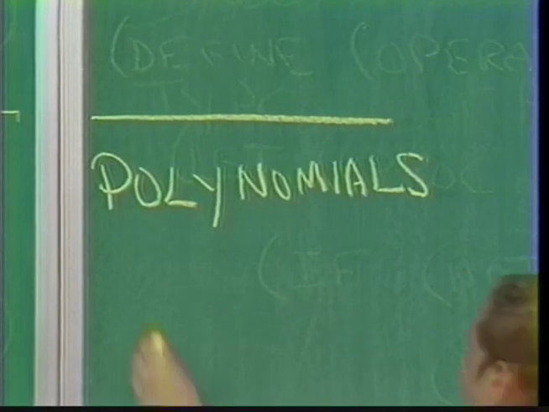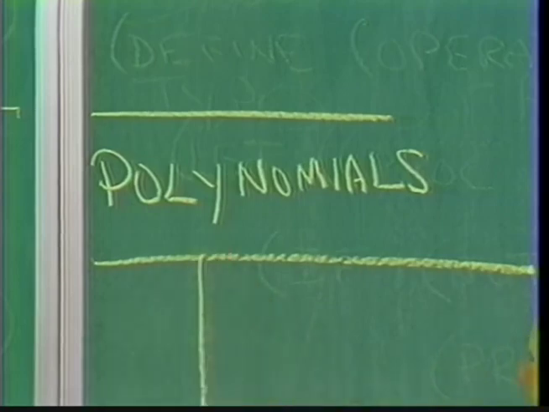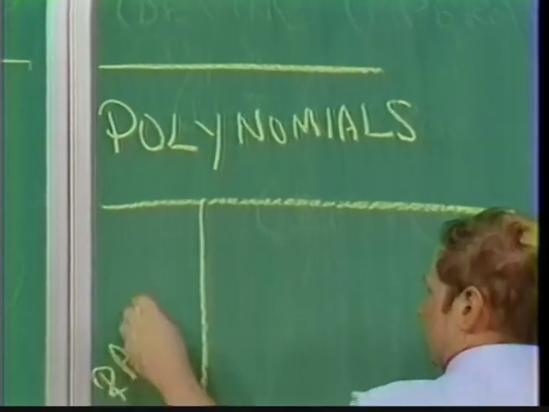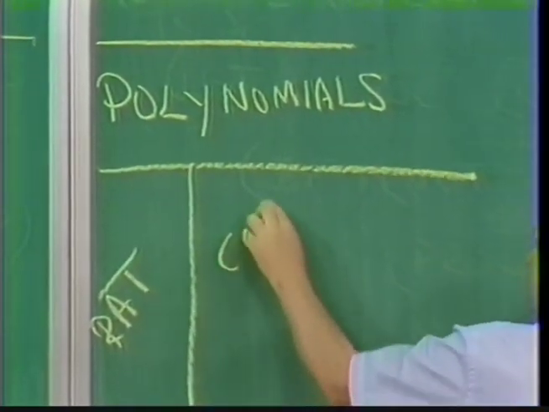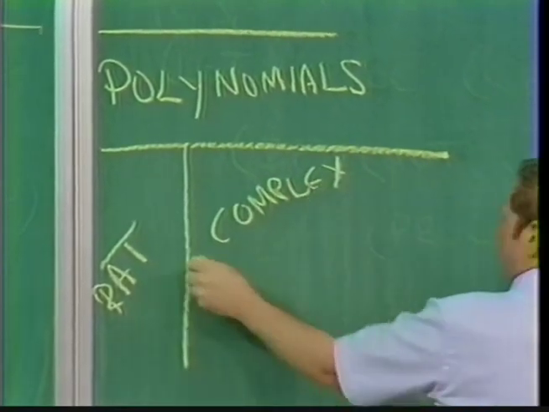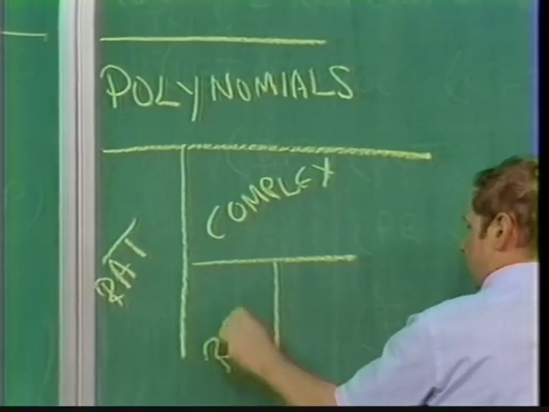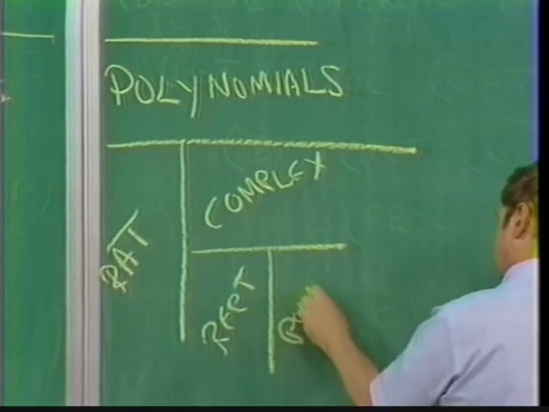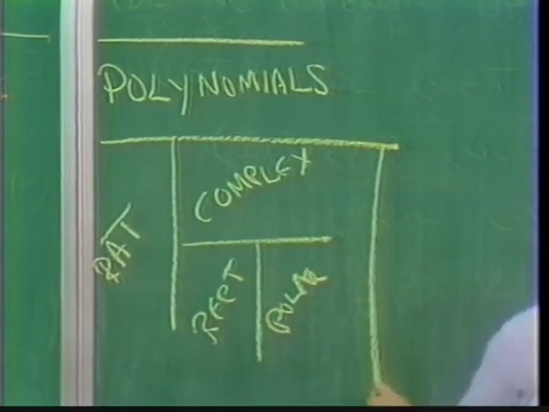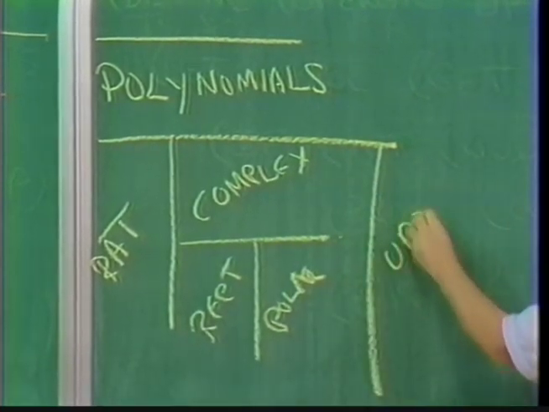But the coefficients of the polynomials can be anything that the system can add. So these could be polynomials whose coefficients are rational numbers or complex numbers, which in turn could be either rectangular or polar, or ordinary numbers.